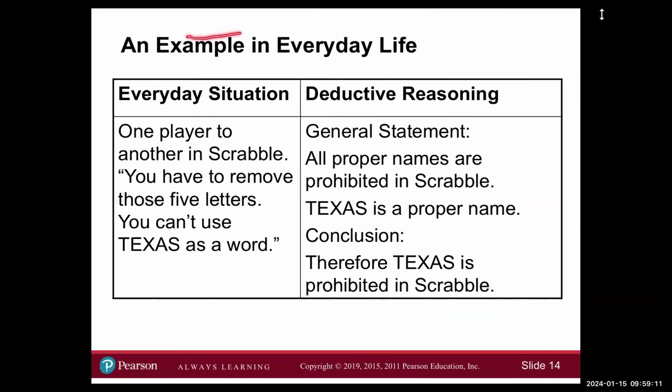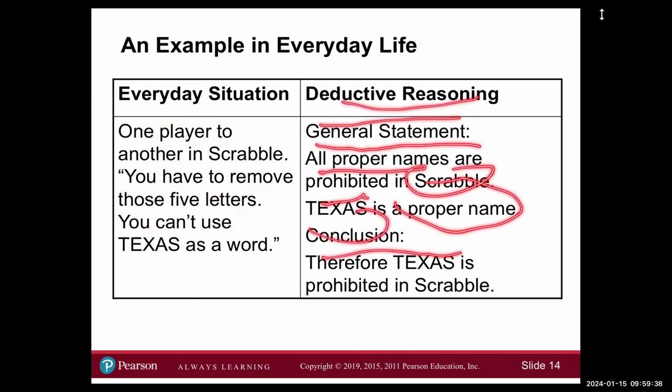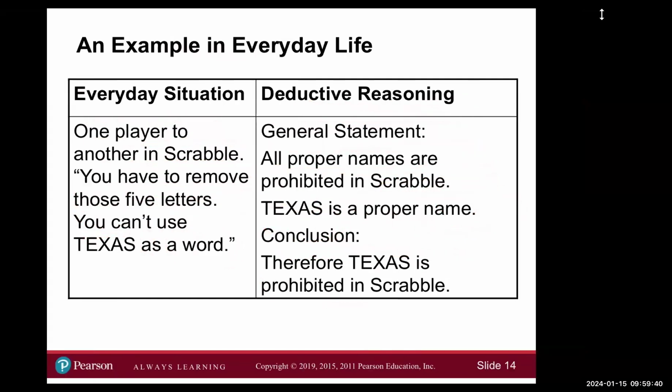For example, an everyday situation: in a word scramble, you have to move five letters, and we can use Texas as the word. The general statement: the name of a proper noun is in the scramble, and Texas is a proper name. Conclusion: therefore, Texas is the proper name in the scramble.